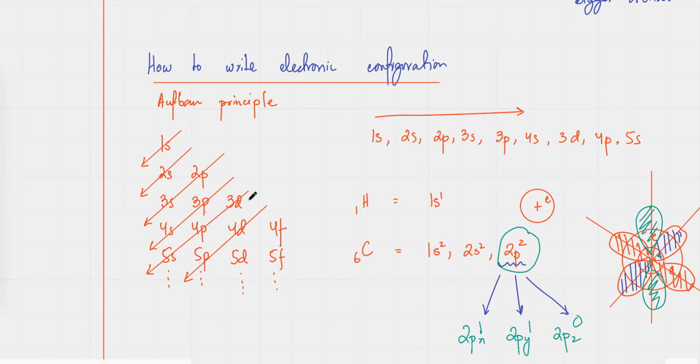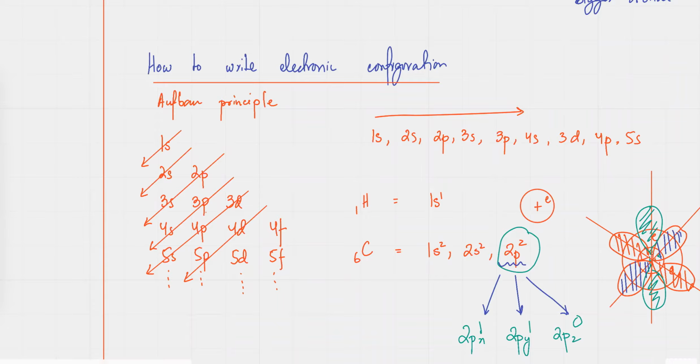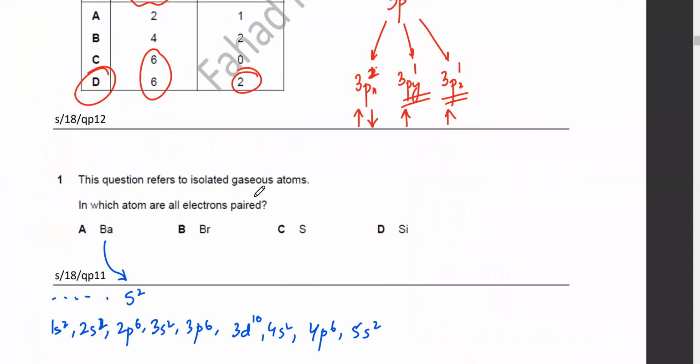Up till this point, that's going to be 30. Then there would be 36, 38, and then 10 more, that's 48, and 6 more, that's 54. And then there would be 2 electrons in the 6s. It's going to end up at 6s2.